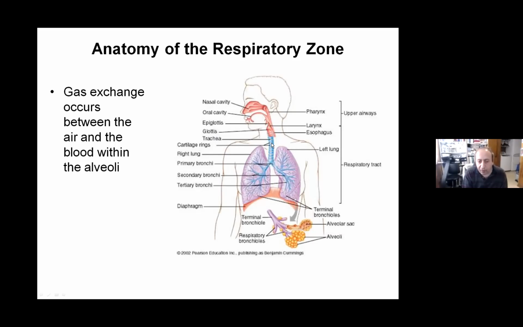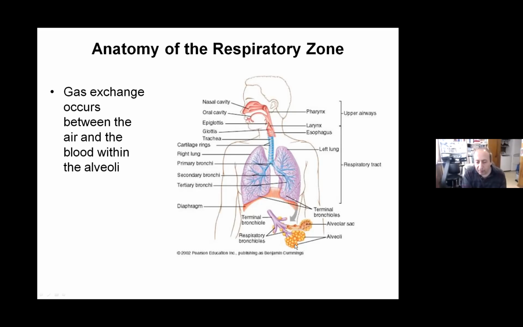The trachea is a tube that contains cartilage, so it doesn't collapse so easily. Then it bifurcates into many branches, about 5–7 levels of branching, like a tree.